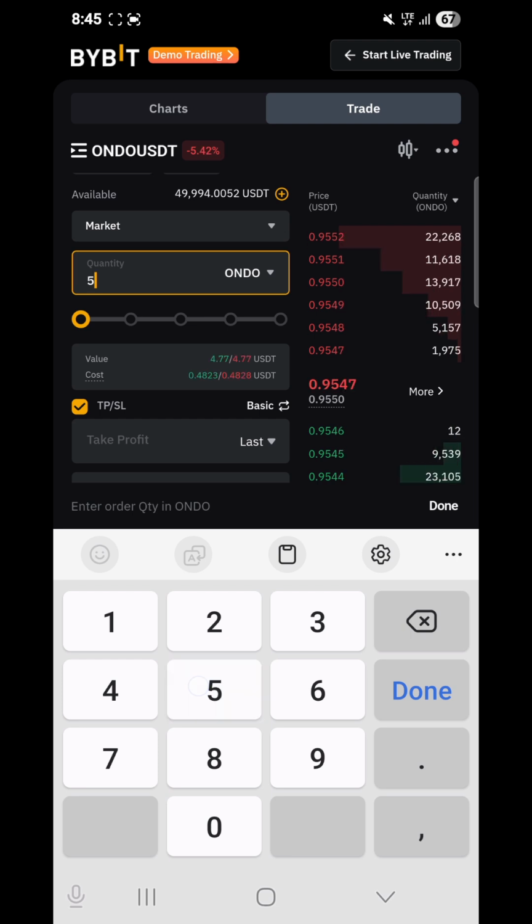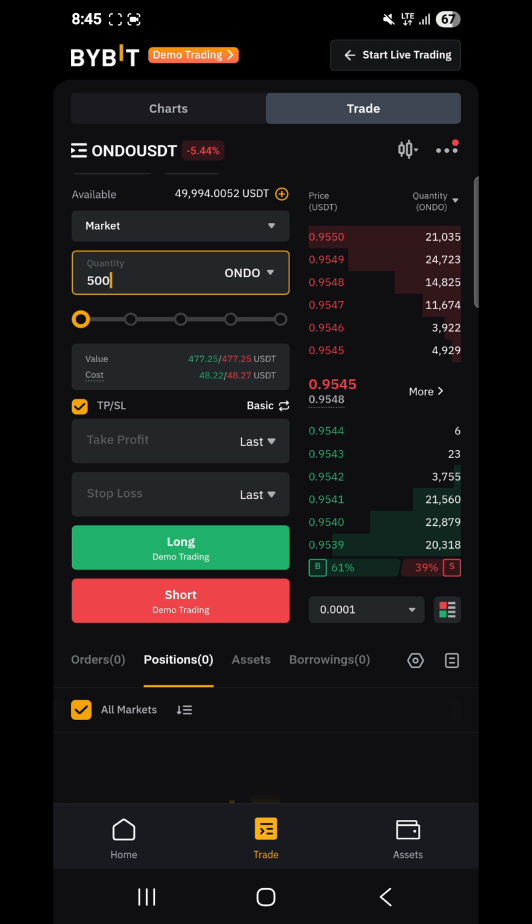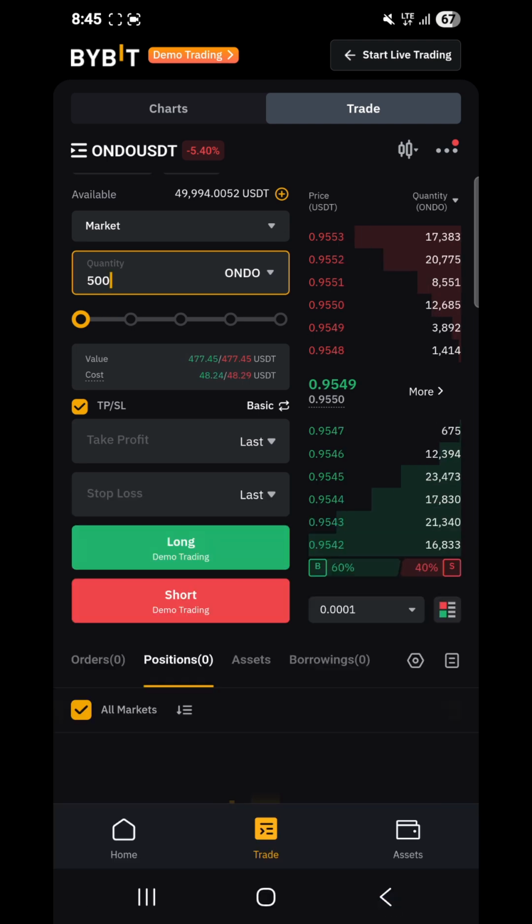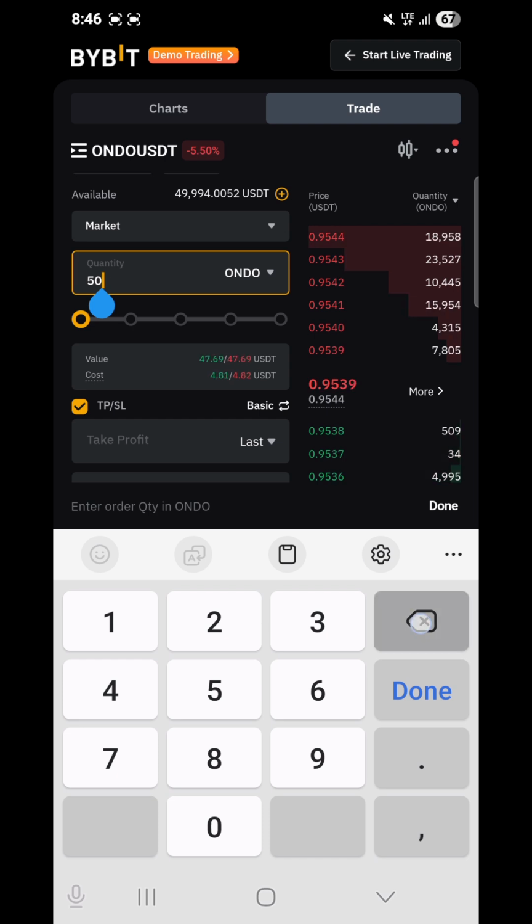This requires maths. If you don't like maths, I don't know how we are going to help you here. So 500 UNDO, you just keep putting in figures there for you to see the original costs. If I put 500 UNDO here, that means I'm willing to risk 48 USDT.